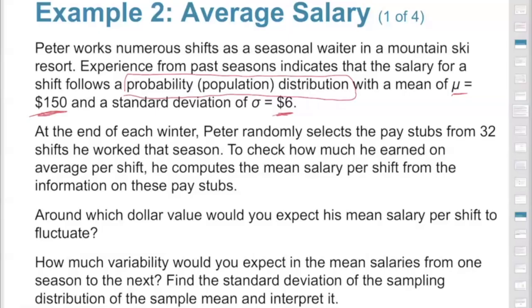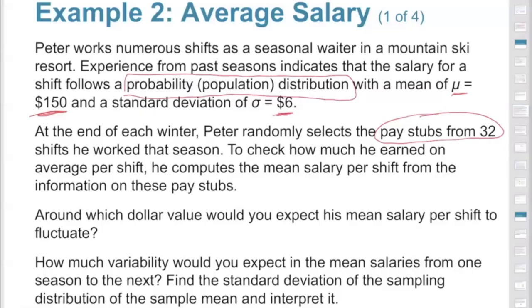At the end of each winter, Peter randomly selected the pay stubs from 32 shifts he worked that season. To check how much he earned on average per shift, he computed the mean salary per shift from the information on these pay stubs. So here Peter took a sample size of 32 pay stubs.